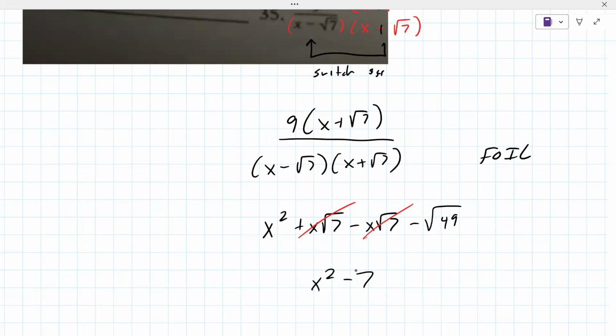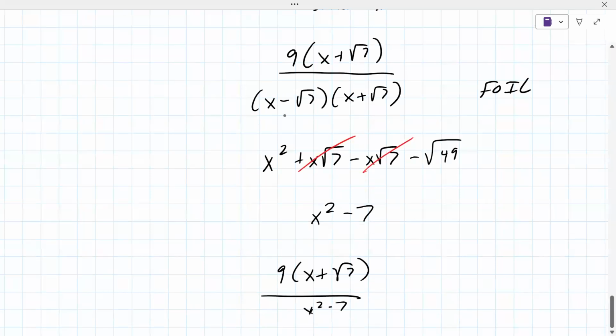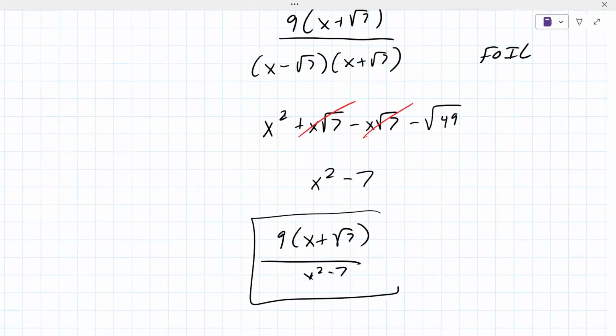Now the top is still the same. It's 9 times x plus square root of 7 over x squared minus 7, and that's your final answer.